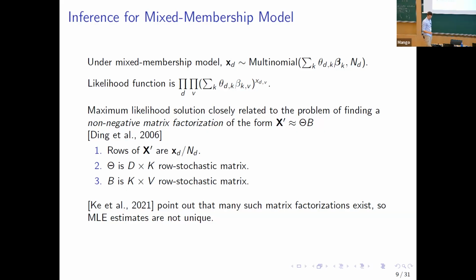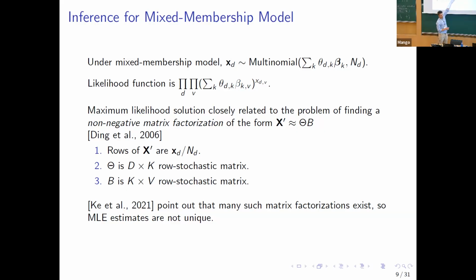You can think of it as there being two matrices. One is a matrix we'll call theta, which is capital D by K, and it's row stochastic, so every row is a multinomial probability vector. Then there's a B matrix, which is a K by V row stochastic matrix, with each of the K topics in one row.